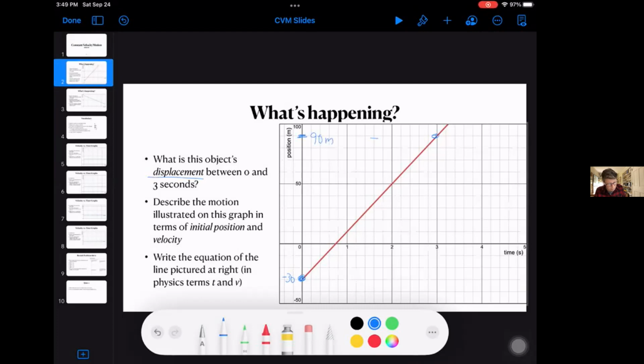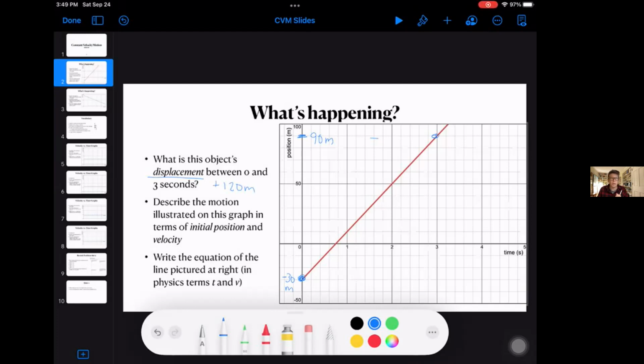Let's throw in units on both those. So how far did this object displace, move from its starting location over that time? 90 meters minus a negative 30 meters, final position minus initial, 90 minus a negative 30, 120 meters. It's in the positive direction because the position started low and ended high.